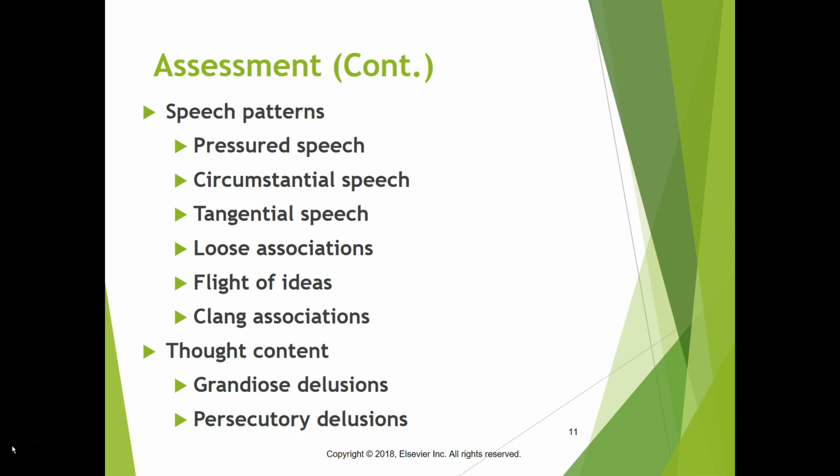Loose associations is something we can all do a little bit. You start talking about something and it reminds you of something else and you go off a little bit, and it's loosely associated to what you were talking about, but maybe not super relevant.